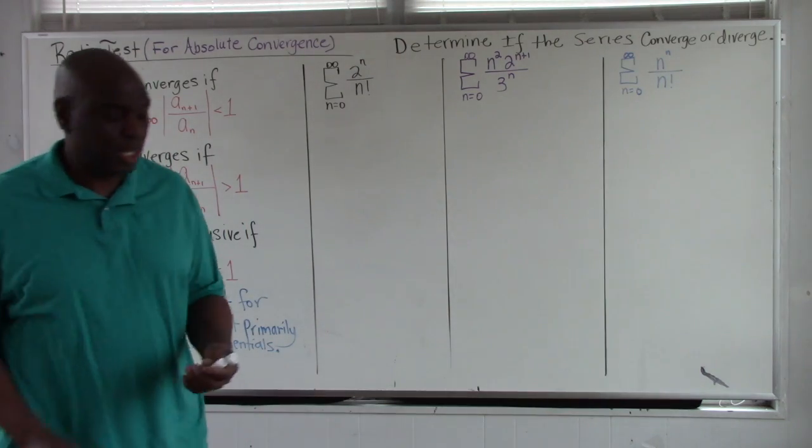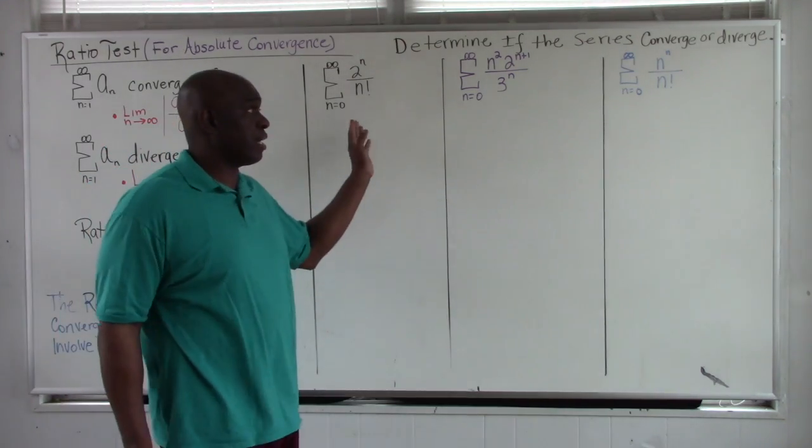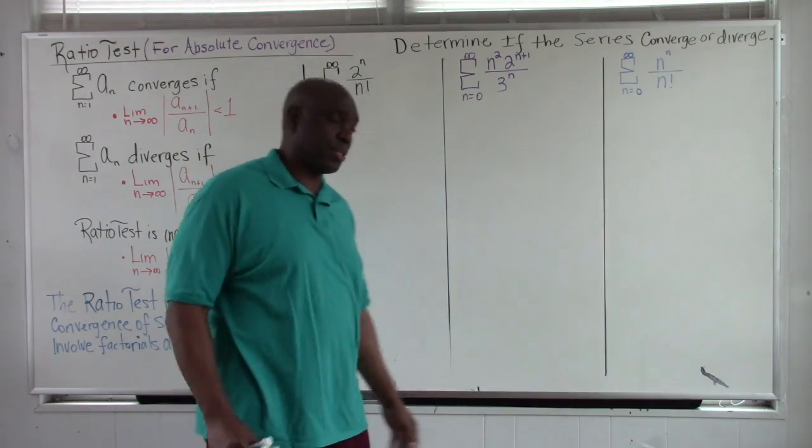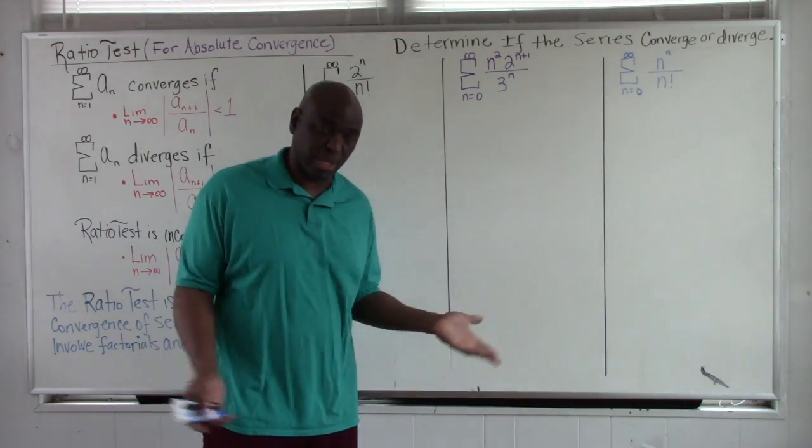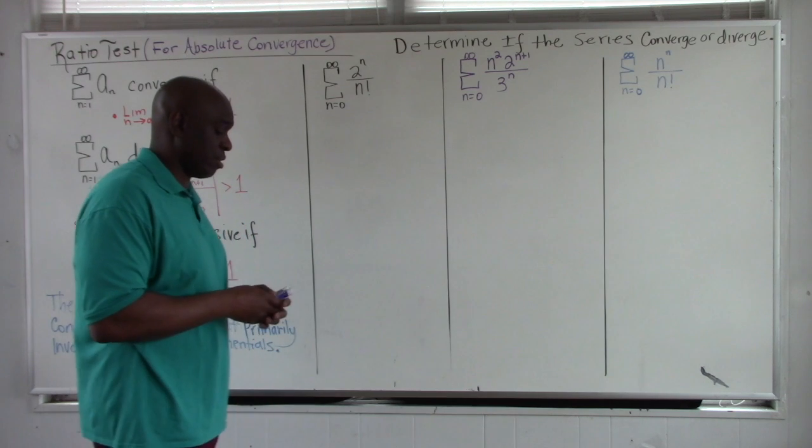All right, here we go. Determine whether or not these series converge or diverge, and of course we're going to use the ratio test to determine our convergence or divergence.